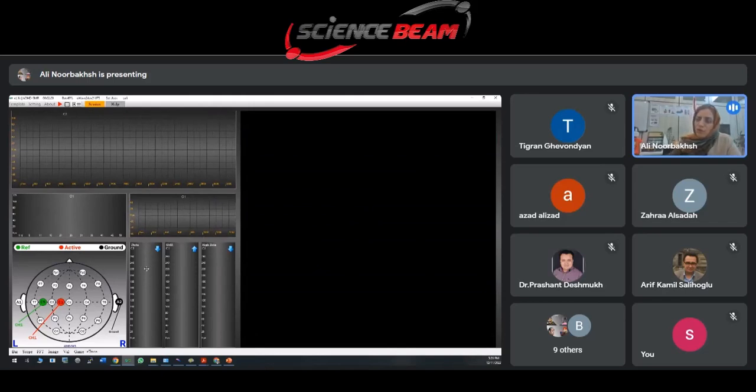For example, if you want to increase theta, okay, you can increase theta or increase SMR with these protocols. And you can set the logic of the feedback.